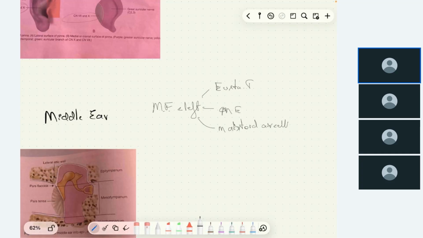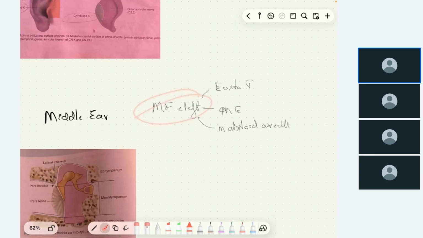From anterior to posterior, combining the eustachian tube, middle ear, and the mastoid air cells along with aditus ad antrum, we call it the middle ear cleft.